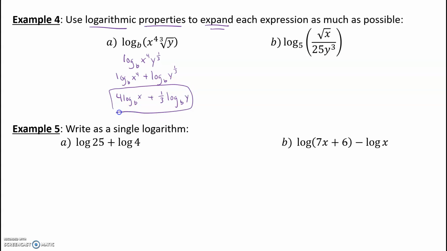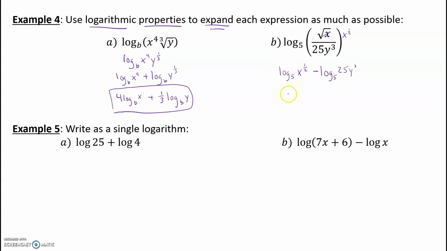All right. Next one. I see a lot of stuff going on here. So again, square root of x can be written as x to the 1/2. All right, we like the exponents. So let's take this division and split it. So we got log base 5 of x to the 1/2. Division is subtraction, minus log base 5 of 25y cubed.